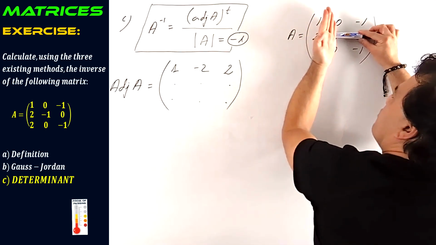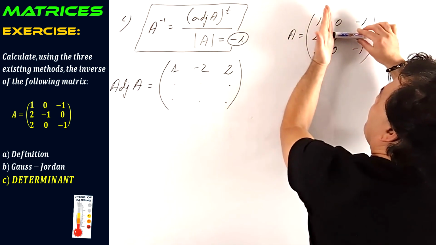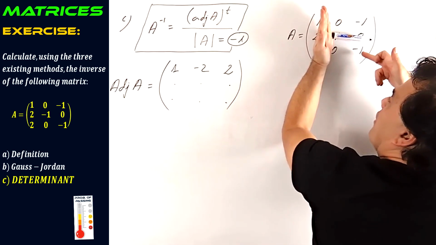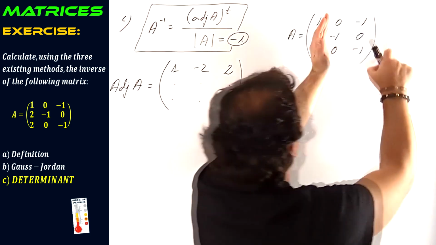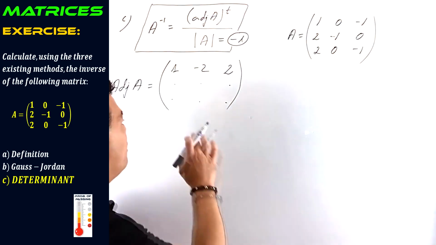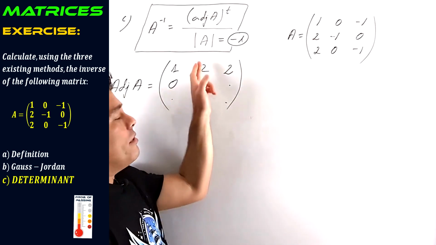0 times -1, it's a bit complicated. 0 times -1 is 0, minus 0 times -1, which is also 0. The result is 0, okay? Row 2, column 2.